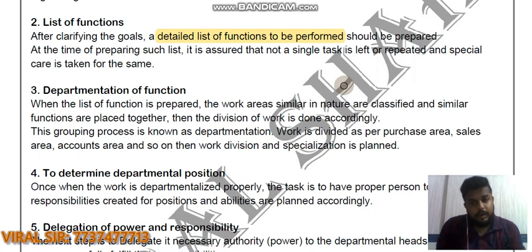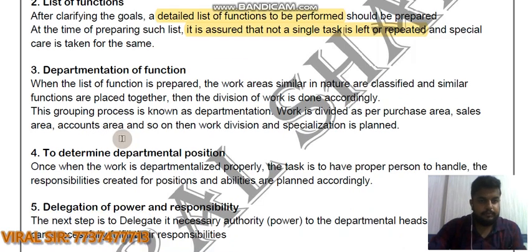A task cannot be left out, and it cannot be repeated. So this is the listing out of functions. Two things: preparing a detailed list of functions to be performed, and making sure that no function is left out or repeated. Clear?